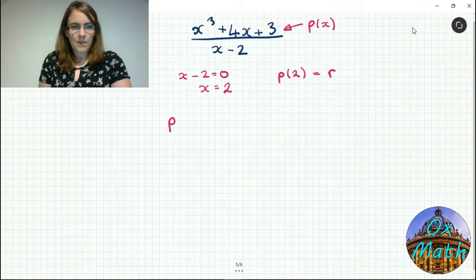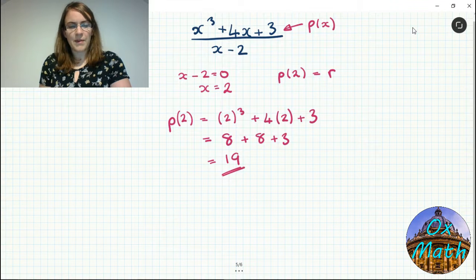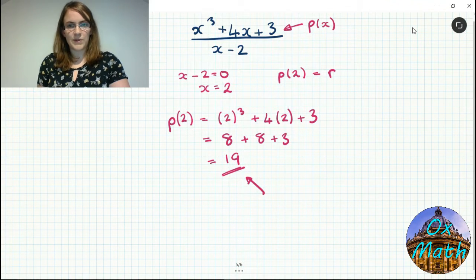So p of 2 is going to equal 2 cubed plus 4 lots of 2 plus 3, which is 8 plus 8 plus 3, so 19. So my remainder would be 19. Now you can do the polynomial division to check it if you like, but you can see this is a lot quicker than actually going through and doing the polynomial division.